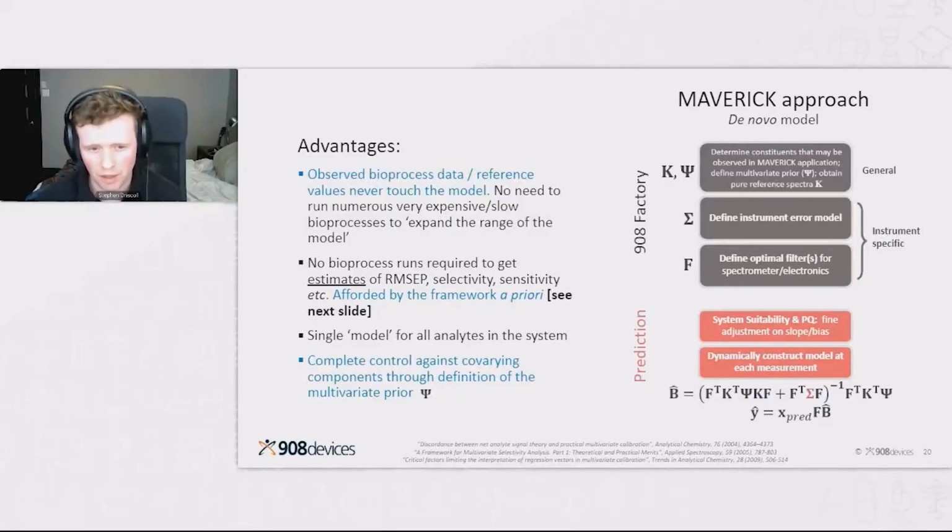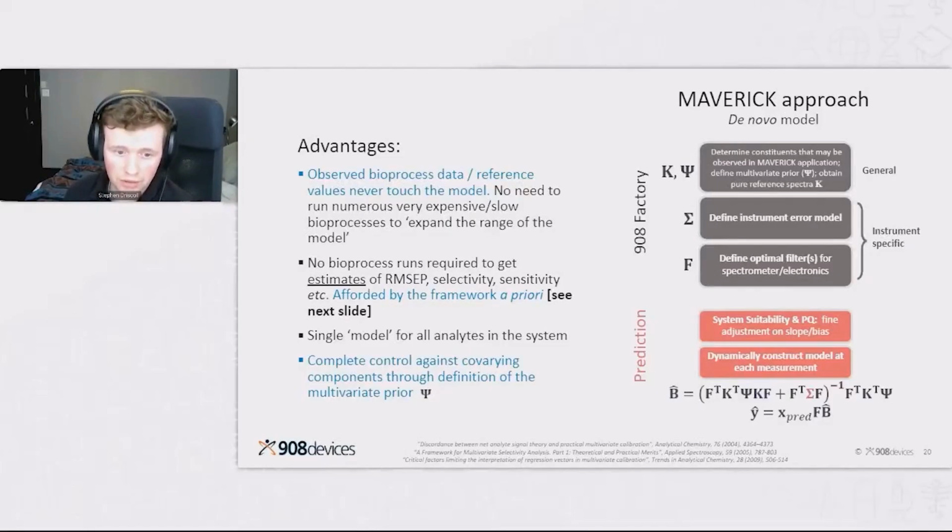Ours is just one model for all the analytes in the system. Nothing really changes for analyte-specific modeling. Again, we have complete control over the covariant components through the definition of this Bayesian term, this psi I'm calling it here. So we can tweak that on our end to solve the stationarity problem.